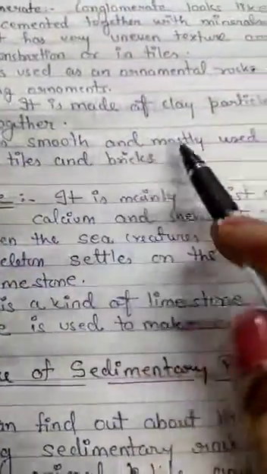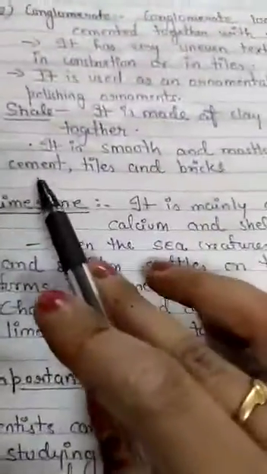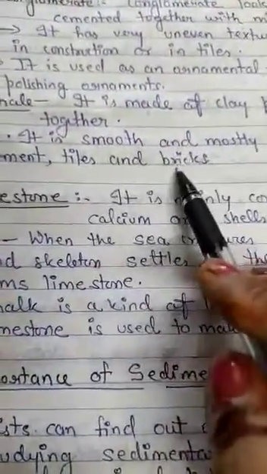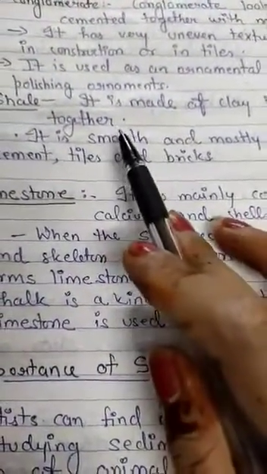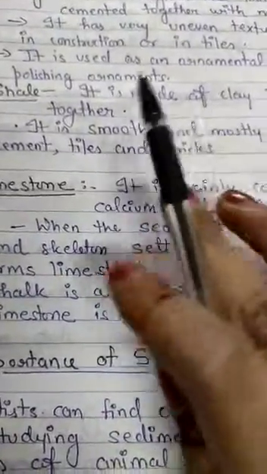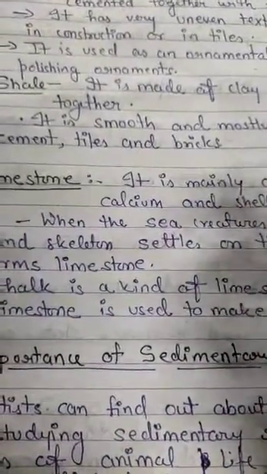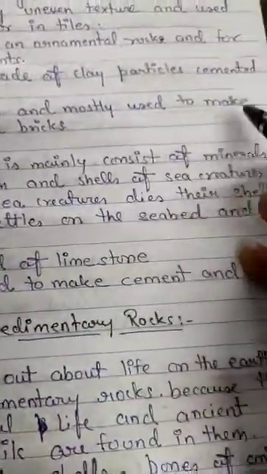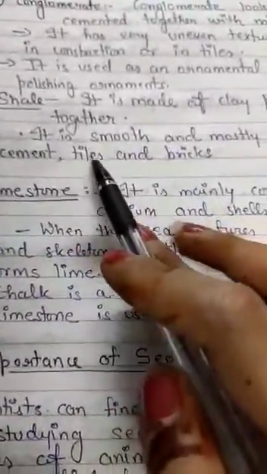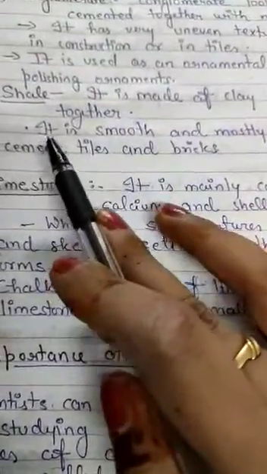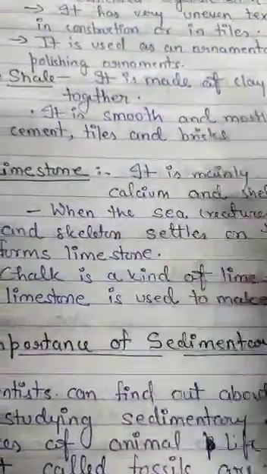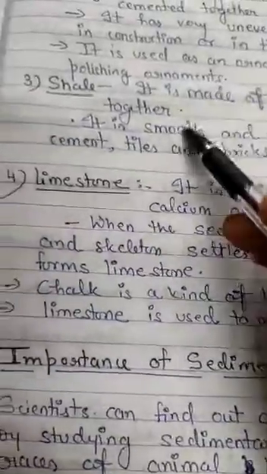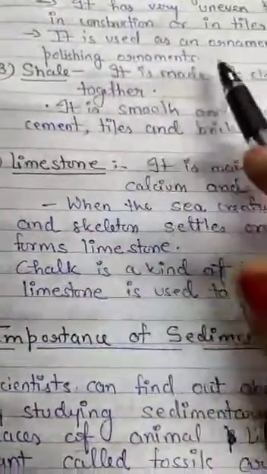It is smooth and mostly used to make cement, tiles and bricks. Smooth means very even, or in Hindi चिकना. So in this way, the third type of sedimentary rock we have completed.